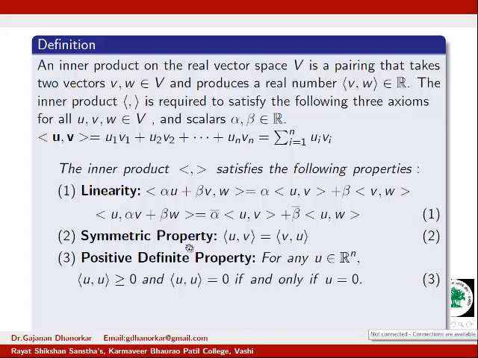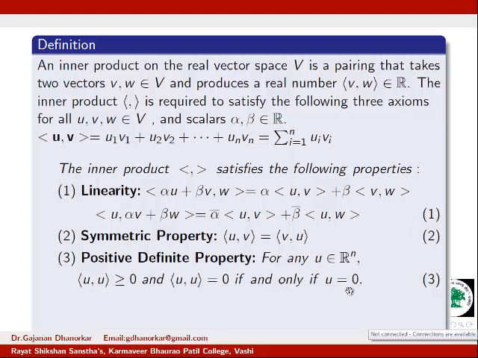Now symmetry: the inner product of u, v is equal to the inner product of v, u. And the positive definite property is that for any u belonging to R^n, u a vector from R^n, the inner product of u with itself is always greater than or equal to 0, and if the inner product of u, u equals 0, then u is equal to 0.